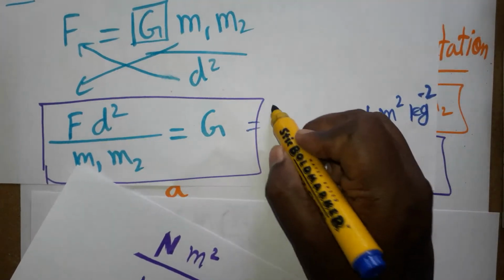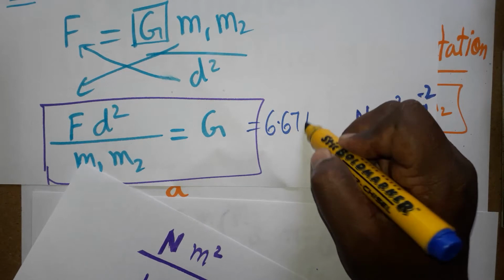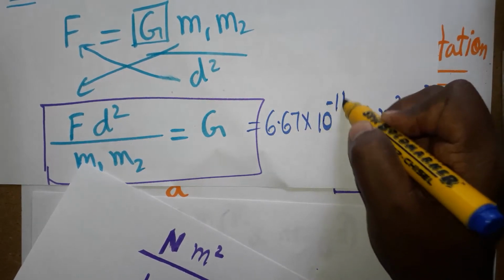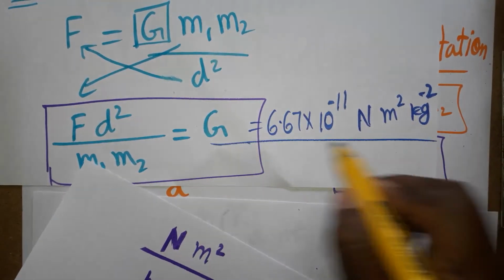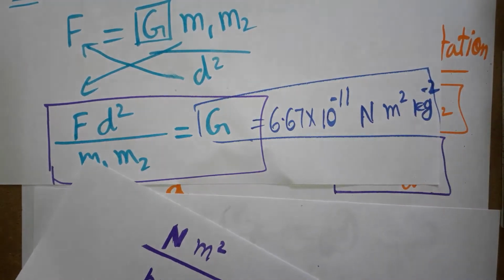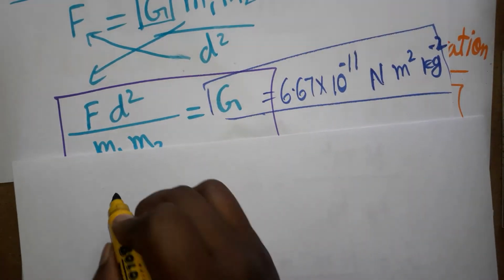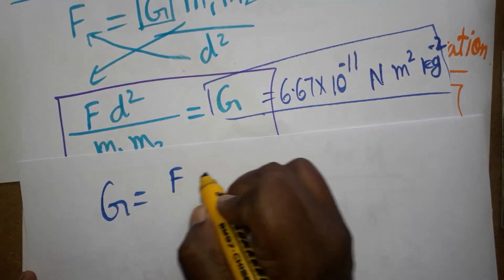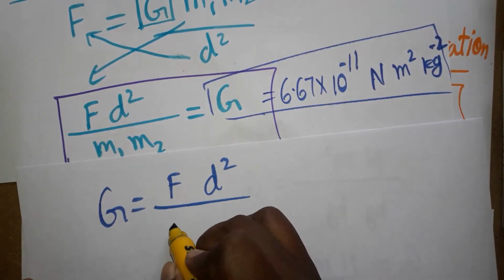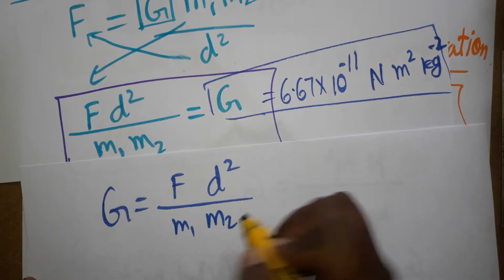The value of capital G is 6.67 into 10 power minus 11. It's a fixed value of capital G. How they got this value, we will discuss first, then we'll go to small g. Capital G is equal to F times d square divided by m1 into m2. This is the formula.